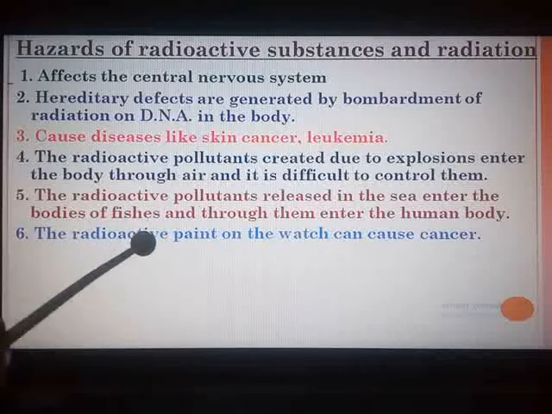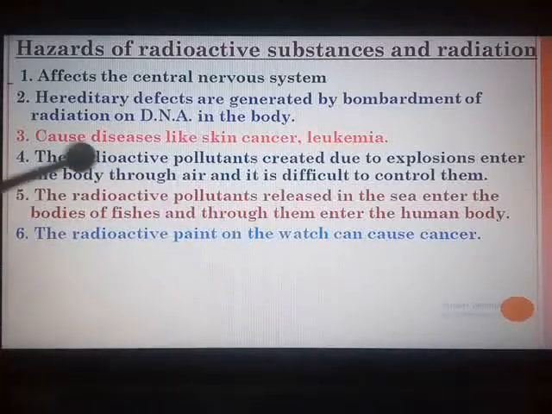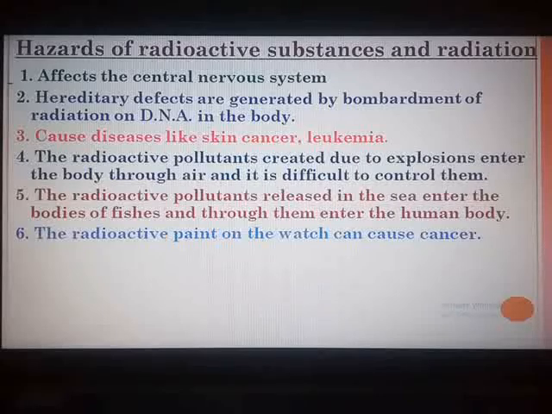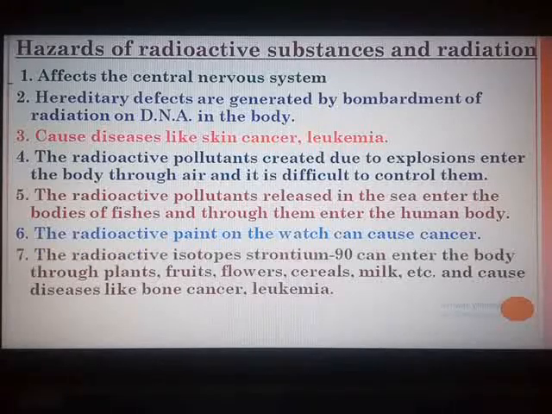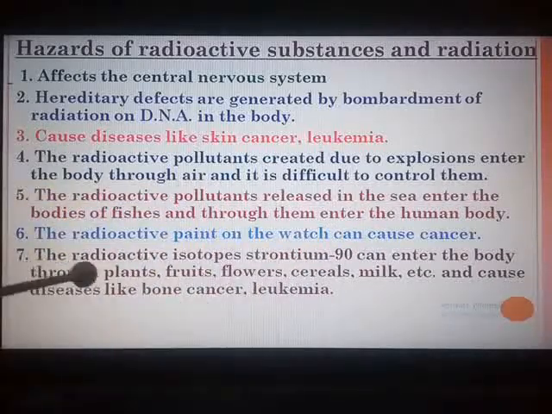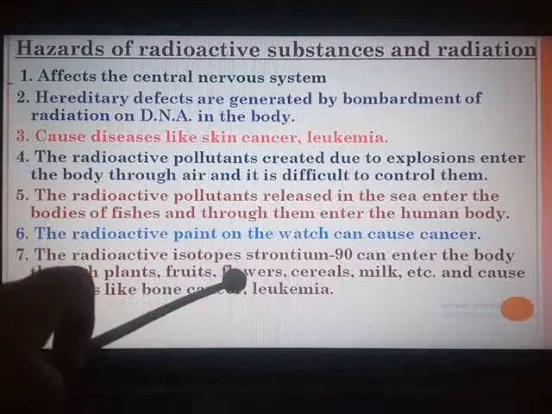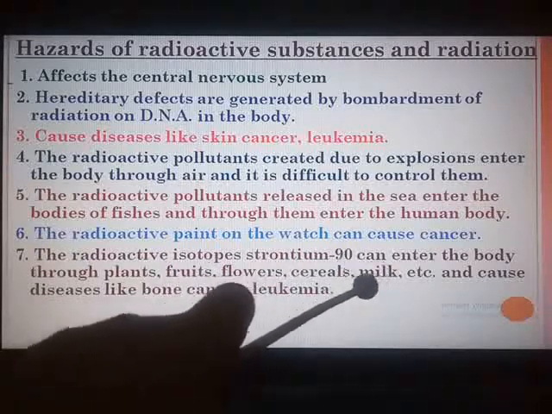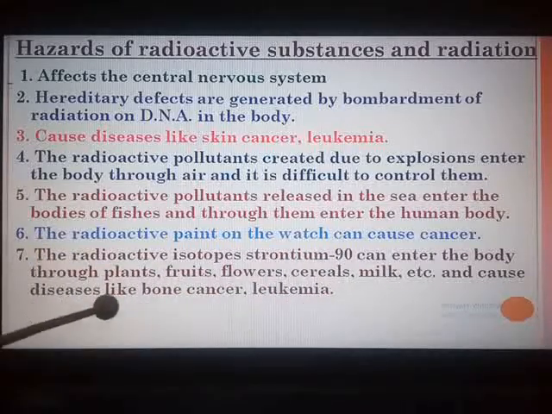The radioactive paint on watches, which shine during the night due to the radium present, can cause cancer. Radioactive isotope strontium-90 can enter the body through plants, fruits, flowers, cereals, milk, etc., and can cause various diseases like bone cancer or leukemia.